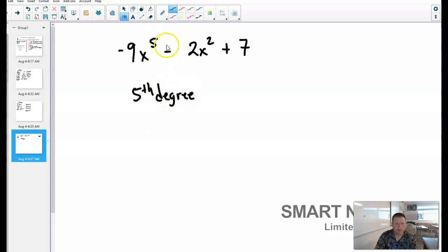Okay, this is a 5th degree because that's its highest power, and by its terms it would be a trinomial. Okay, so this is by its degree, this is by its degree, and this is by its terms.